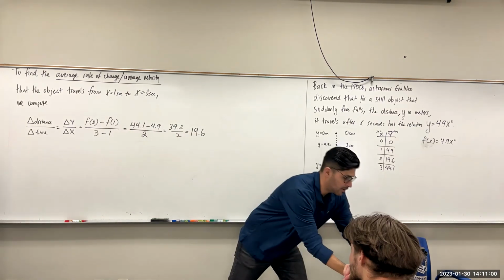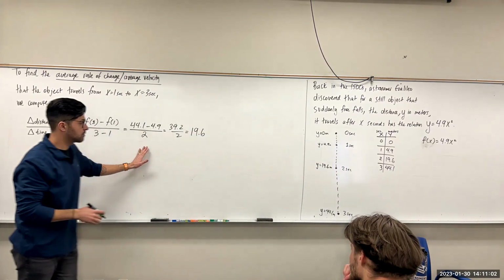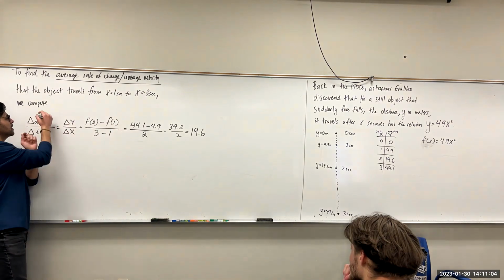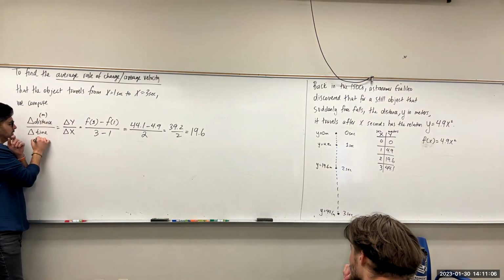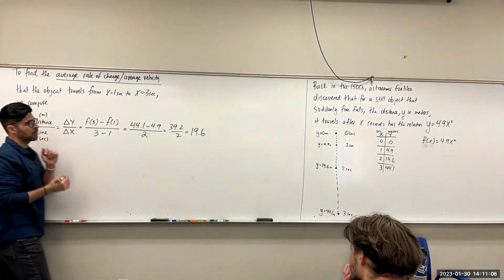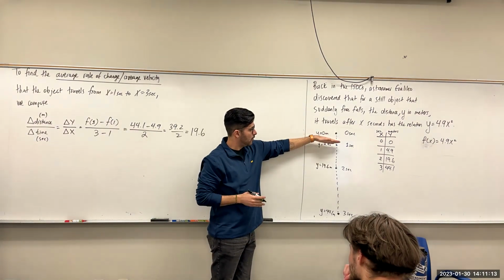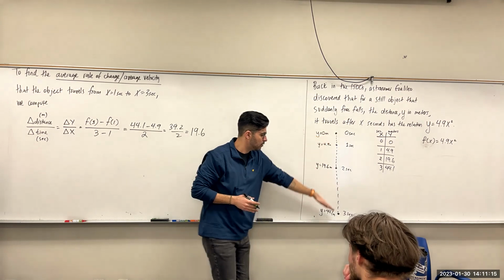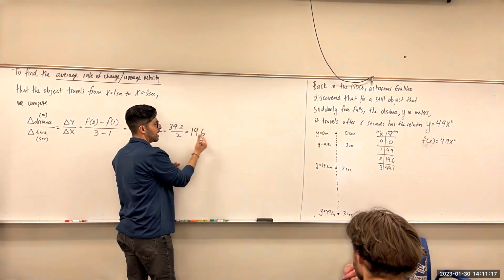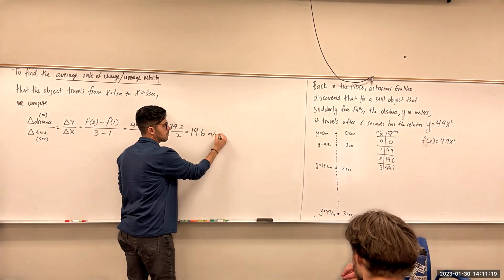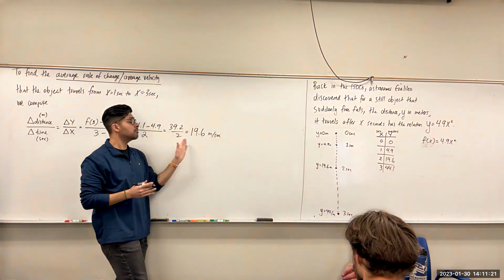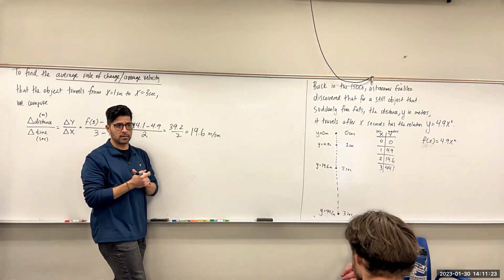Now, because this is an application problem, it has units. We're using meters over seconds. So that means that on average, the distance that the pebble or the object fell from 1 second to 3 seconds is an average of 19.6 meters per second.